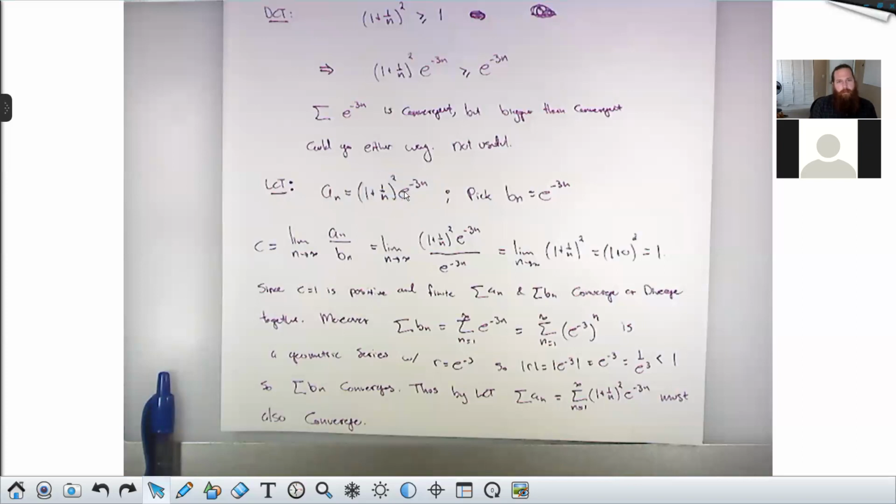If you multiply something by a number that's very, very close to 1, then you're not really changing it. Since this piece is very close to 1, he doesn't really change the overall size of an. This piece, on the other hand, goes to 0 very quickly. So this is the important part of an, and that's how I knew to pick him as bn.